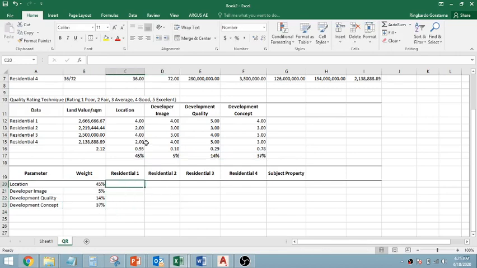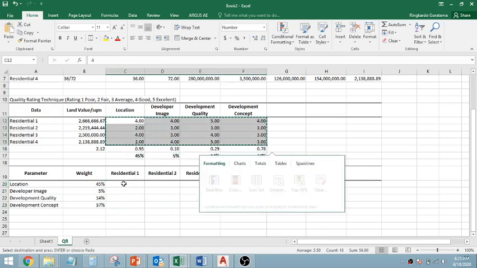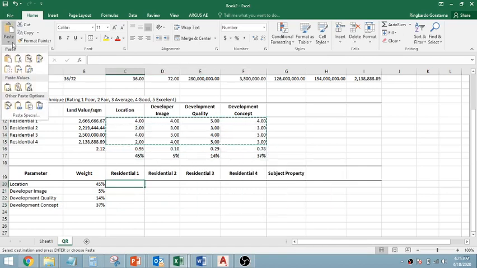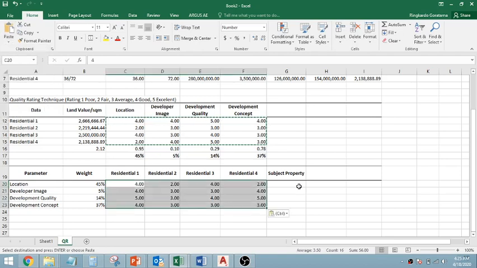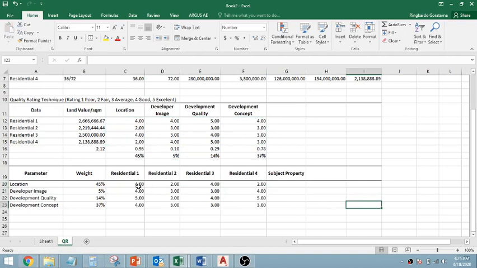So we're going to put the scoring. I just copy this and paste it. Okay, let's see. Residential 1, the location is 4, the developer image is 4, development quality is 5, and developer concept is 4.